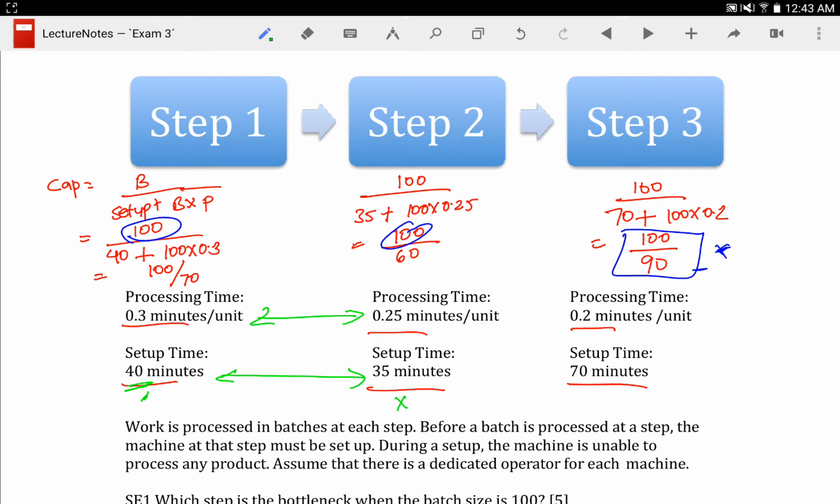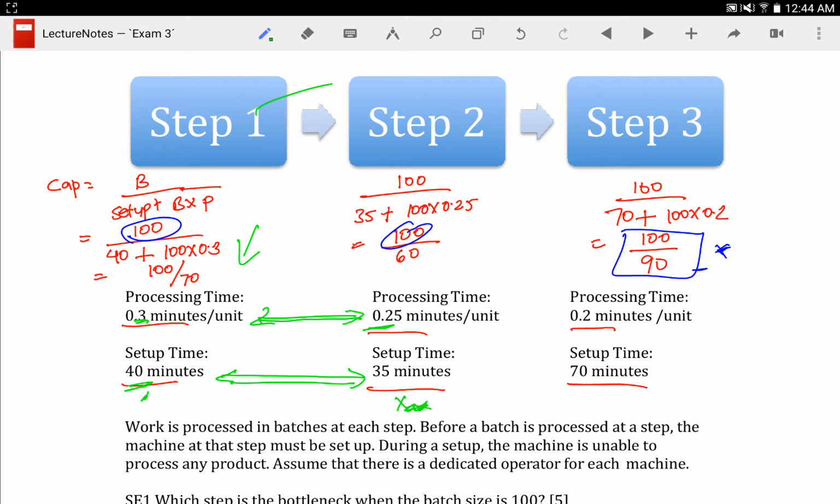Even the per unit processing time is also bigger in step 1 than step 2. So when step 1 is there, step 2 is never going to be the bottleneck because it has a smaller setup time and a smaller per unit processing time. So you really don't need to test step 2.